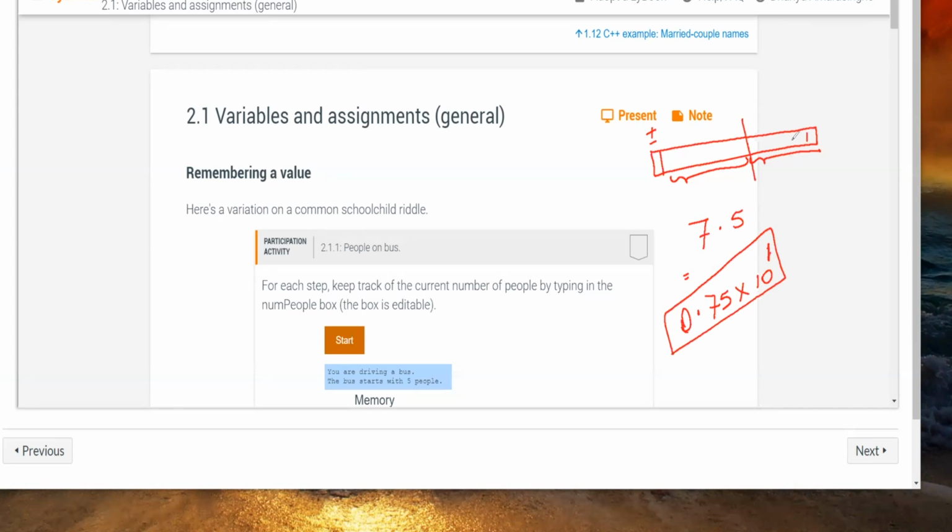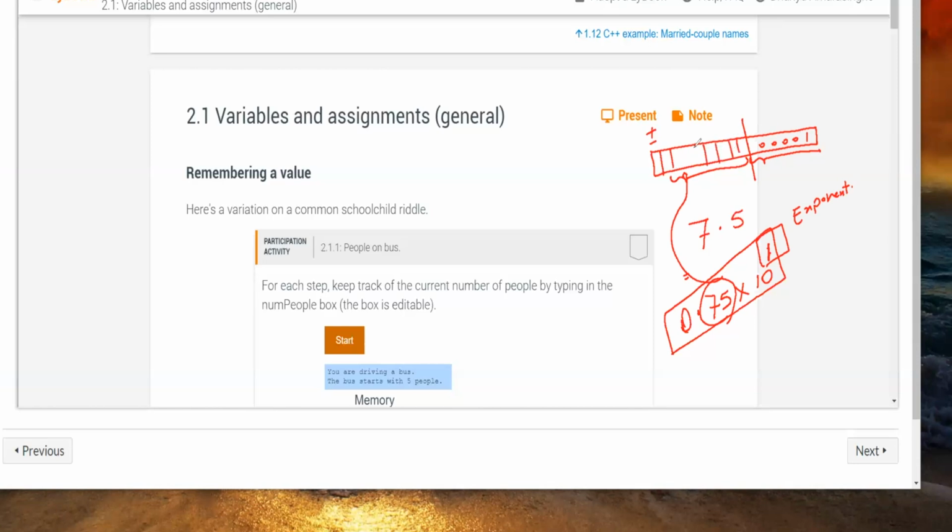So it is 1, 0, 0, 0, 0. This one we call the exponent. And then this part right here, 75, I will store here. I think I have to divide this into 7 pieces.